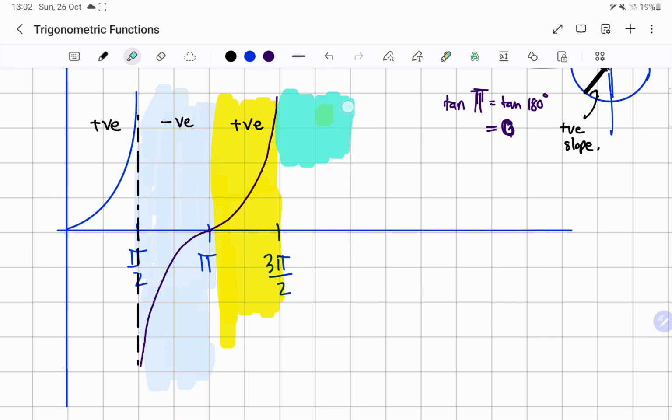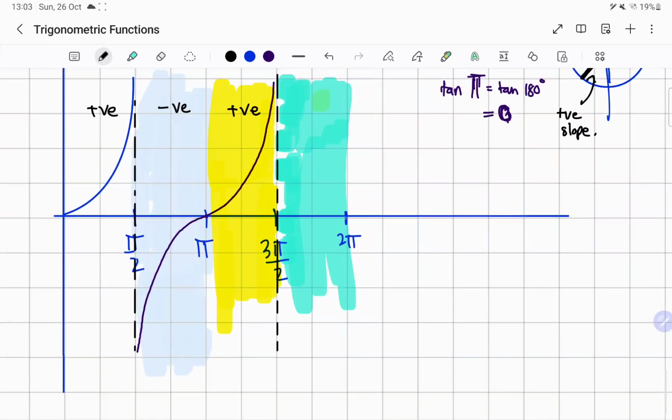So in this final quadrant, between 3 pi over 2 and 2 pi, tangent will be negative again. So let's draw the asymptote.